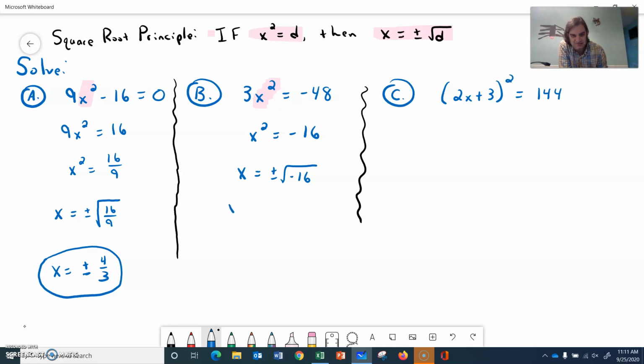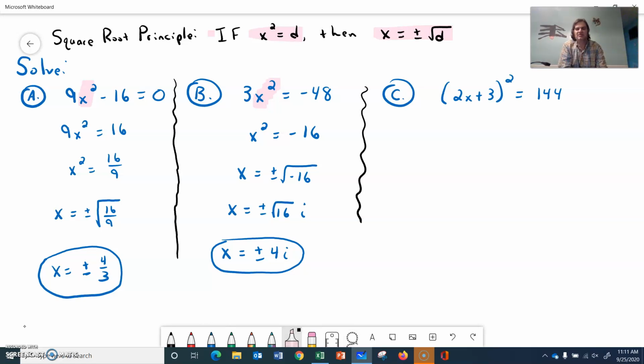You might be able to do this in one step, but we need to get that negative out from under the root, so plus or minus the square root of 6i. Square root of 16 is 4, so we'll have positive and negative 4i as our solution. Okay, and we could write those separately if we want.